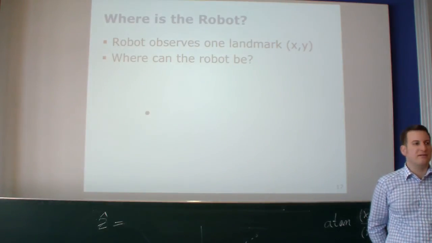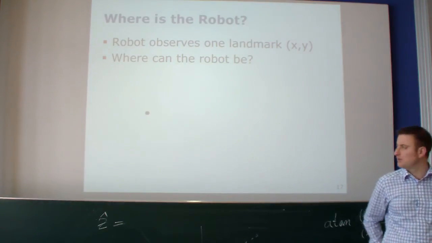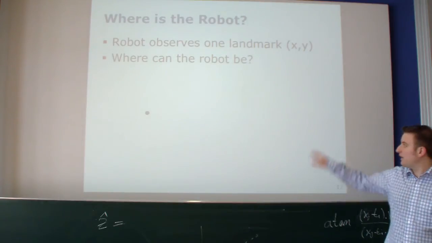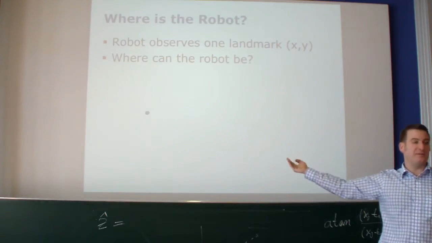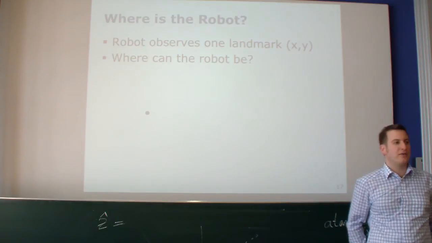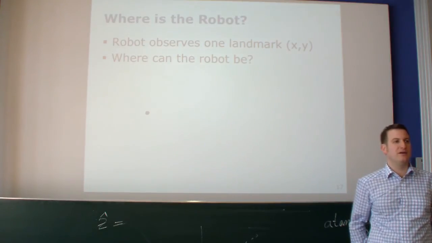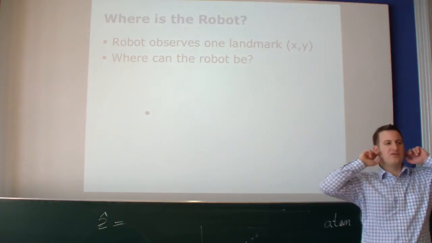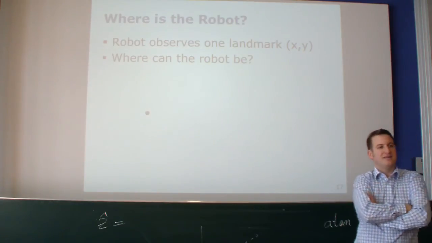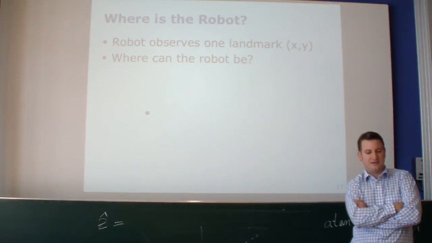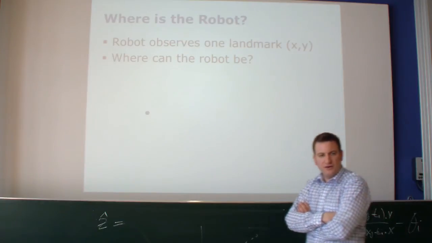Same for range-bearing, you can just transform it into delta x, delta y. If the robot makes a single observation of that landmark, where can the robot be? It can only be on a circle around the landmark. Exactly.